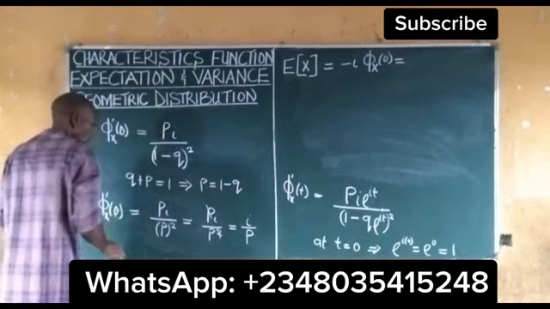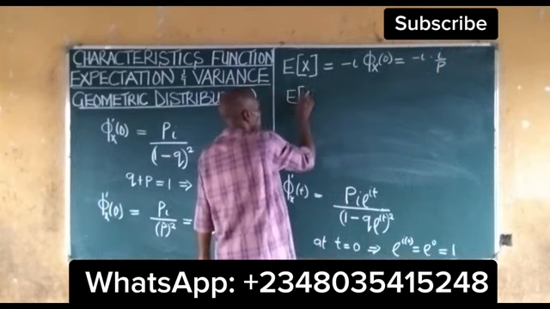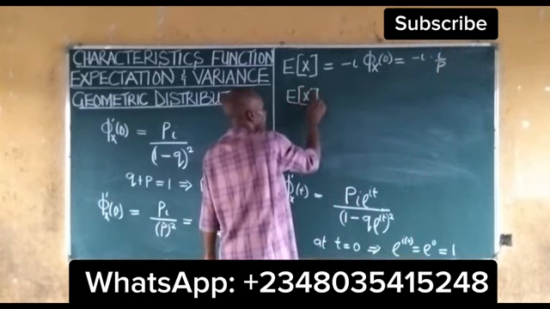At t equal to 0, we have i all over p. Because of this negative sign, we have negative i times i all over p. So our expected value of x is equal to negative i squared all over p.